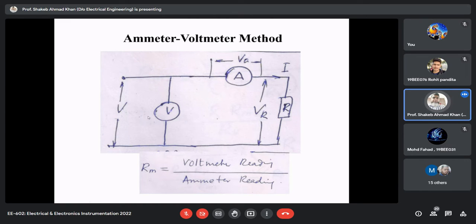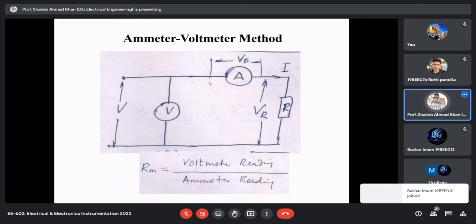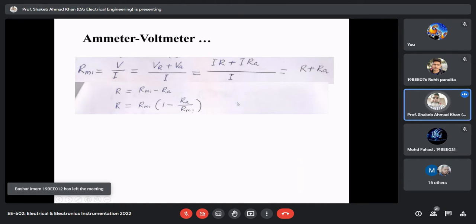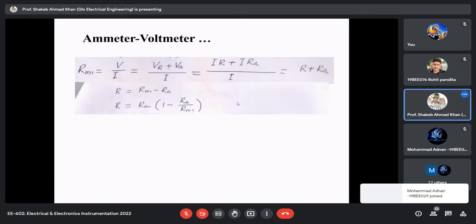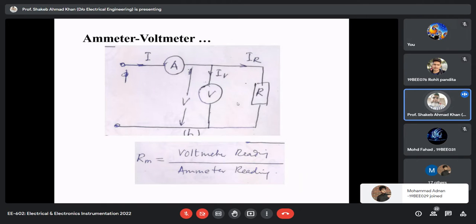This imperfection is the cause of error in this circuit. To take care of this issue, we can put the voltmeter across the resistance, and that will solve the issue. So the resultant circuit will be this.